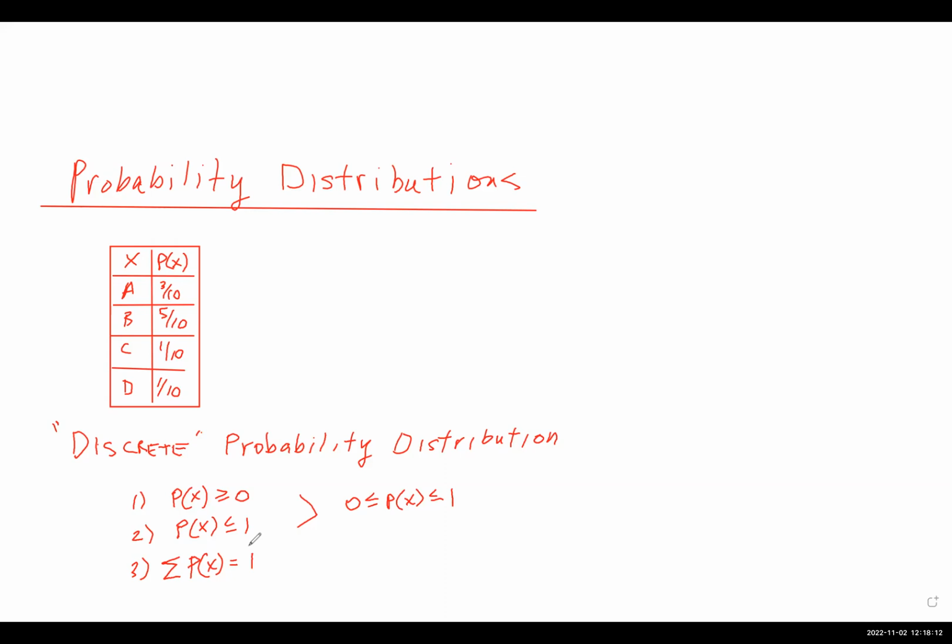So when you exhaust every possibility, it should add up to 1, which is 100%, because something's got to happen. So a probability distribution has to account for every possible outcome. When you add them all up, they should add up to 1, or 100% if you prefer percents.